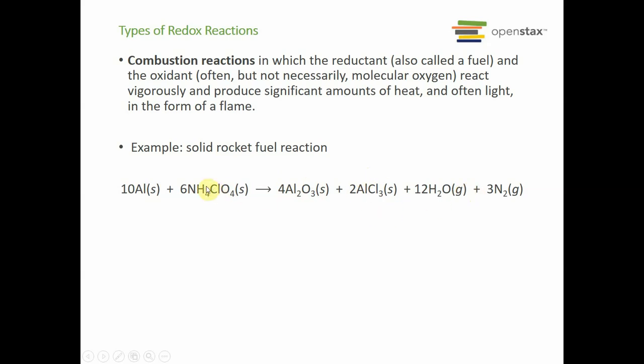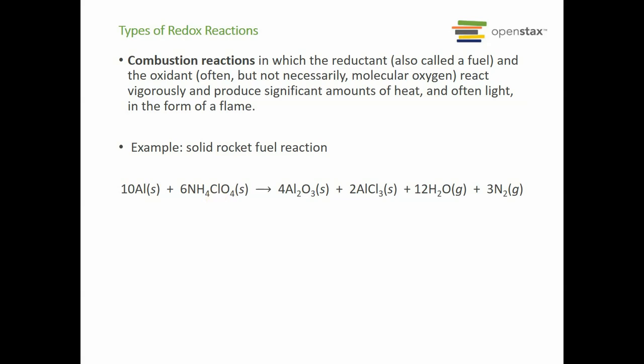And chlorine has gone from, well, let's see, this whole thing is a minus 1. This is 4 times minus 2, which is minus 8. So minus 1 is equal to minus 8 plus x.